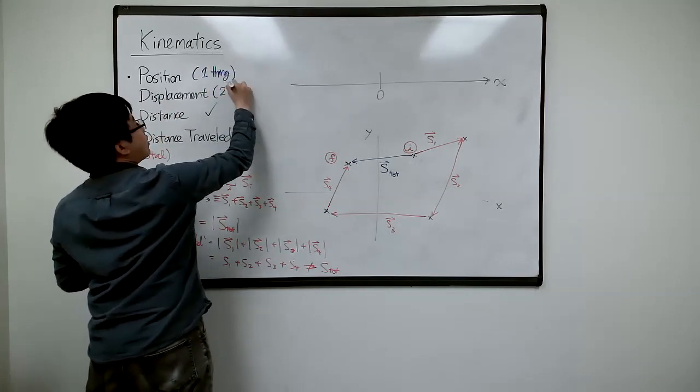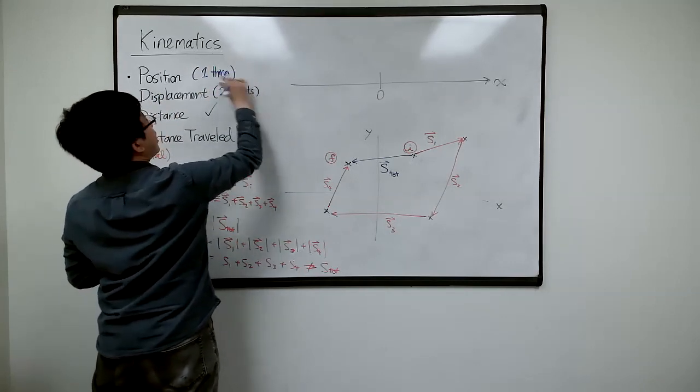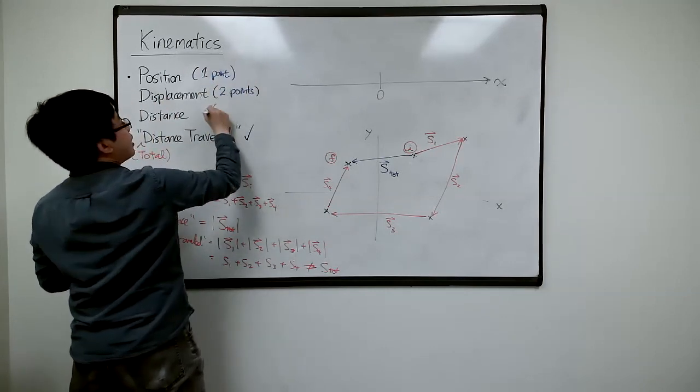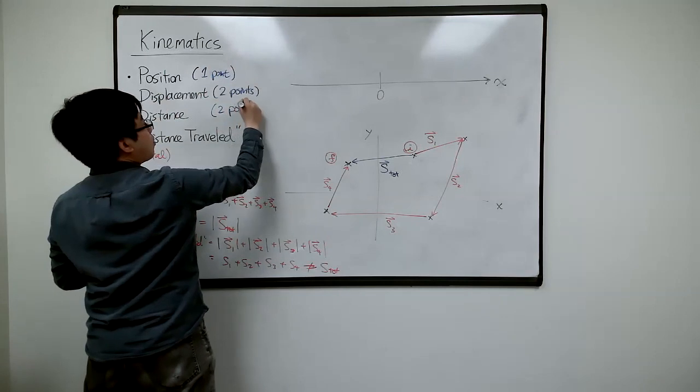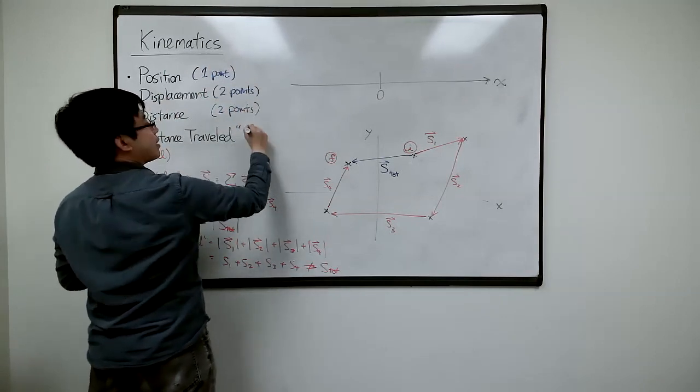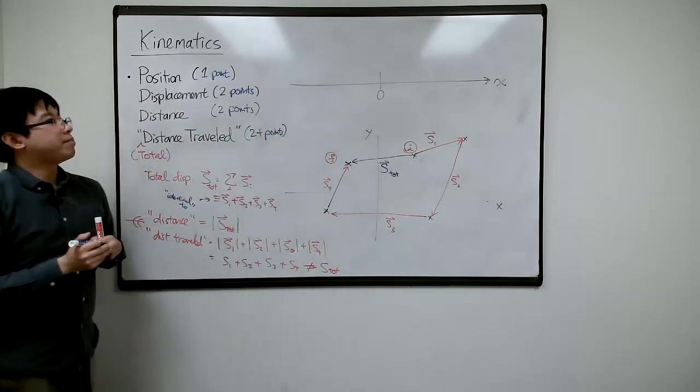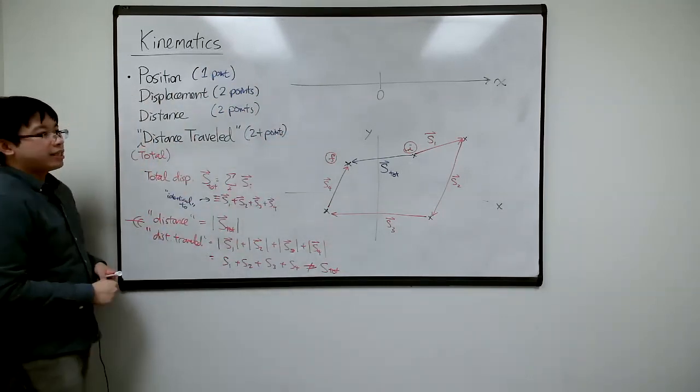Displacement has to be between two points. Let me say one point: you can have the position of one point. Distance is the distance between two points, and total distance can be two or more points. Maybe that's another way to look at this.